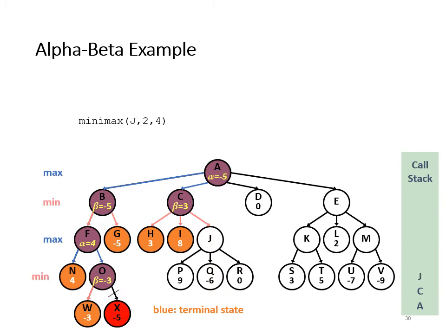You can see that we are assigning the value of J of 9, because J needs the maximum value. J is the turn of the computer and J requires the maximum value.